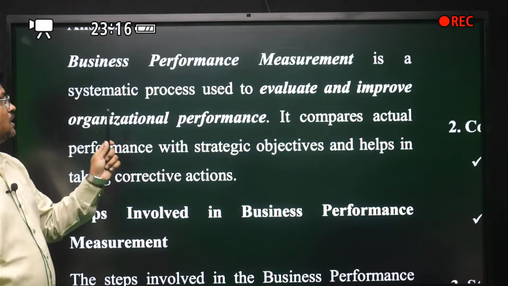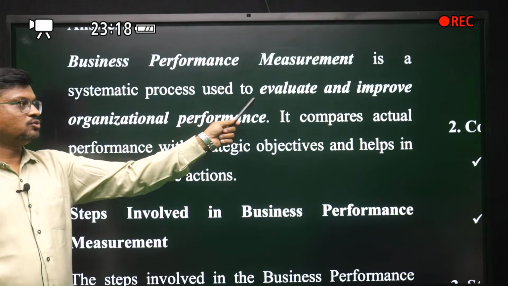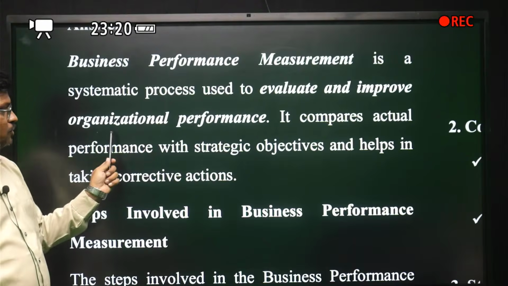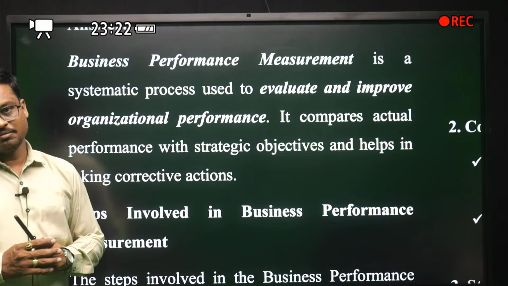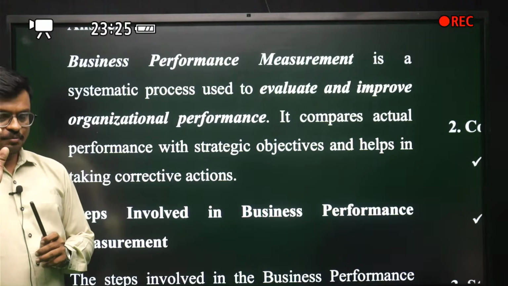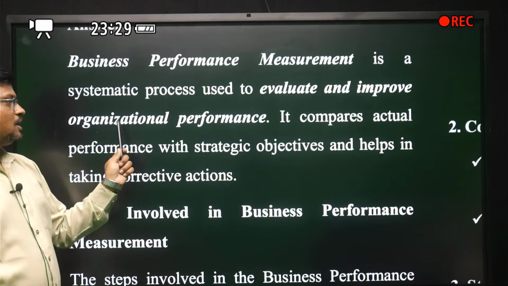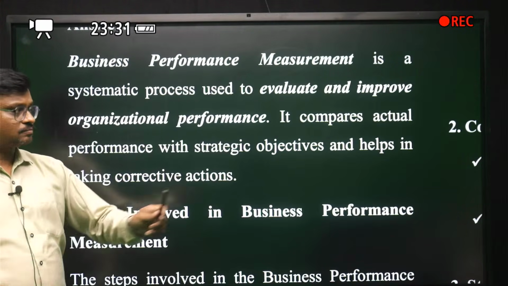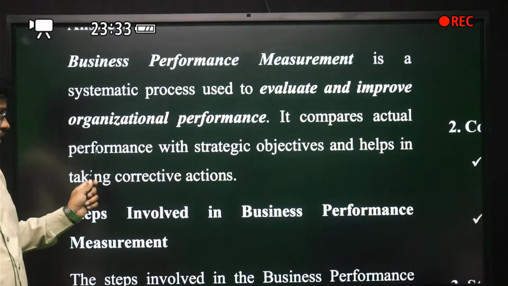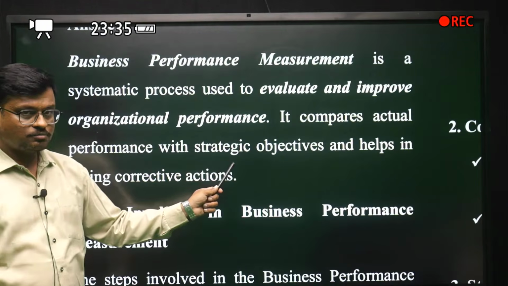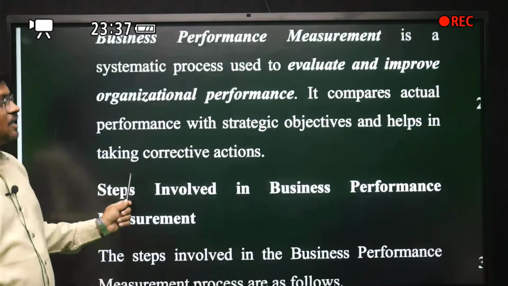performance measurement, is a systematic process used to evaluate and improve organizational performance. The BPM primary focus is to evaluate and improve organizational performance. It compares the actual performance with the strategic objectives and helps in taking corrective actions.